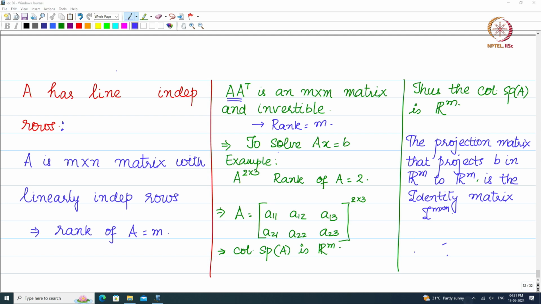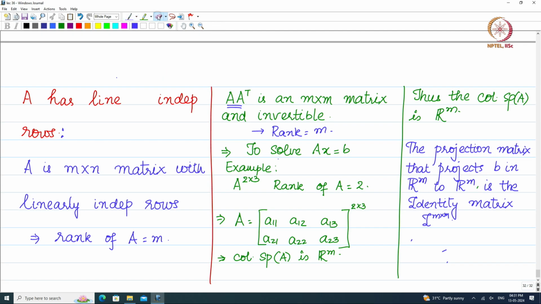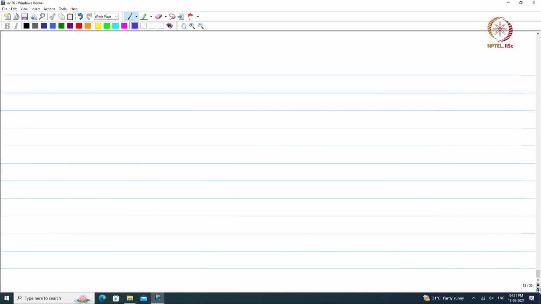So, we have A pseudo inverse is equal to A transpose into A transpose the whole inverse, if rank of A is equal to M. Right, if that happens, then this is the pseudo inverse. Now, we are going to look at the next one.